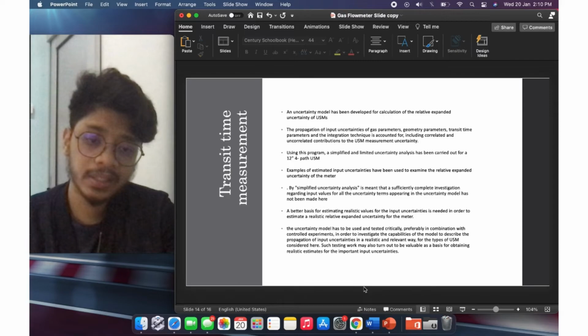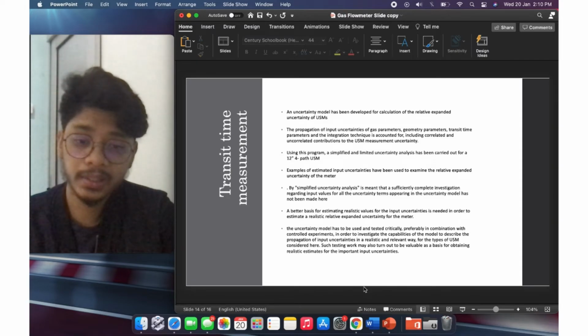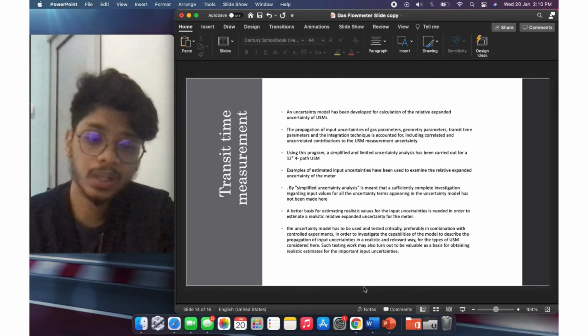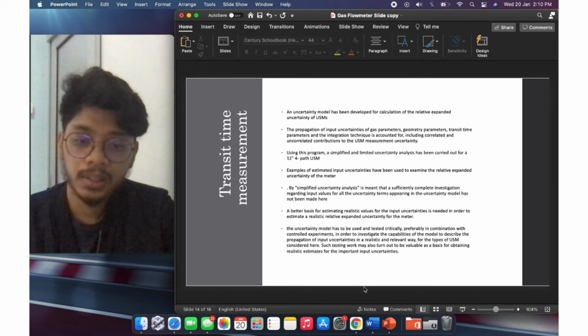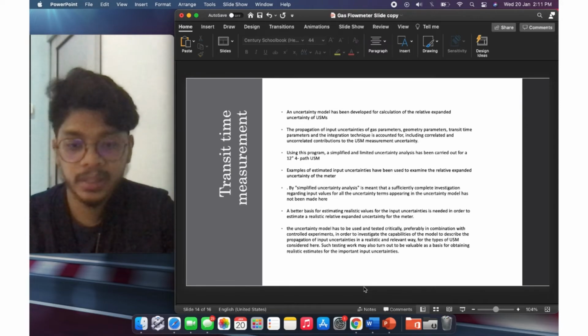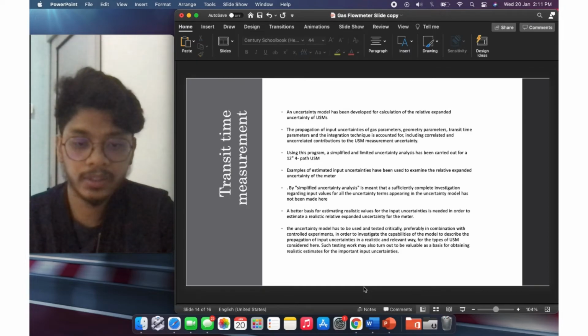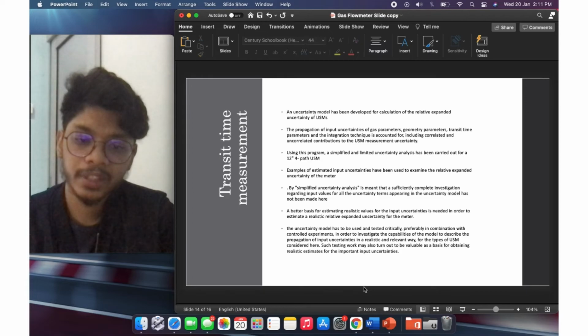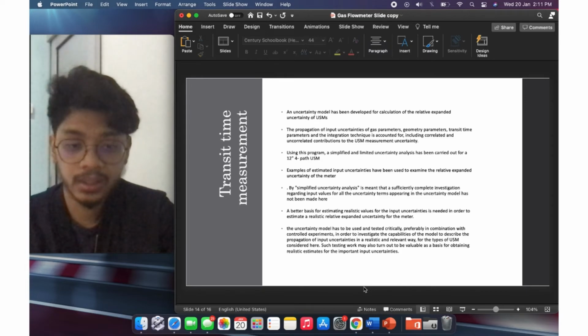By simplified analysis is meant that a sufficiently complete investigation regarding input values for all uncertainty terms in the uncertainty model has not been made here. A better basis for estimating realistic values for the input uncertainties is needed in order to estimate a realistic relative expanded uncertainty for the meter.